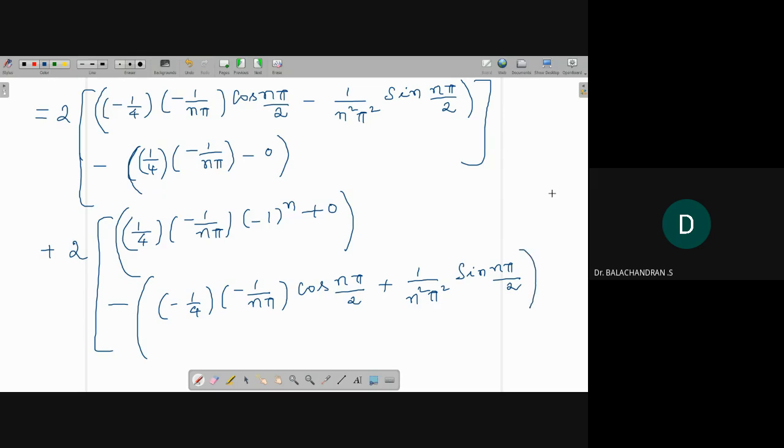Lower limit, close bracket, and close this square bracket.